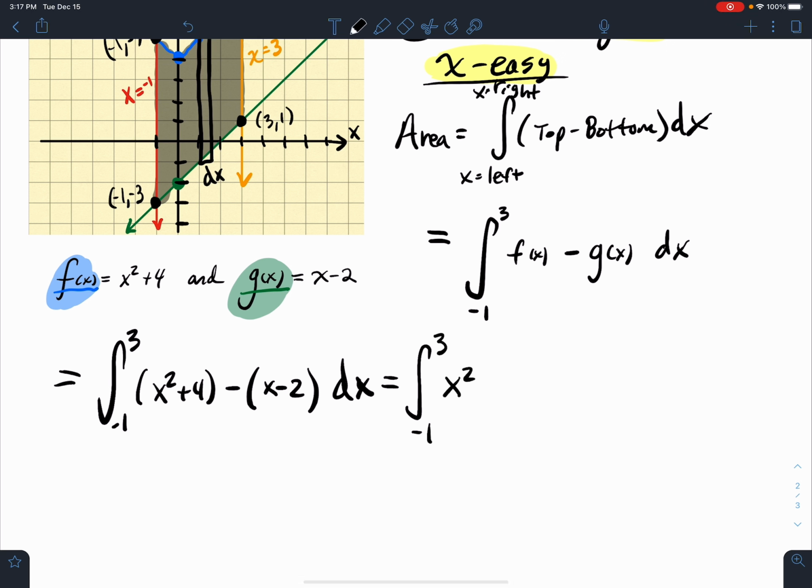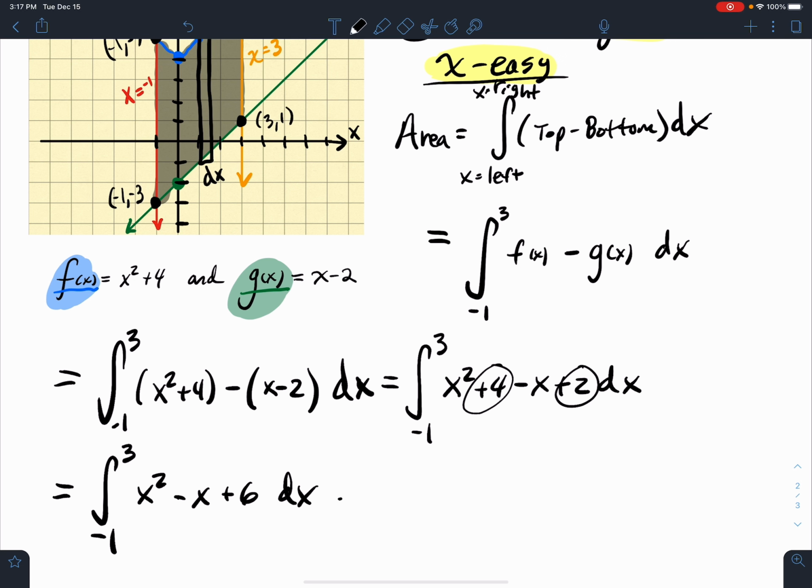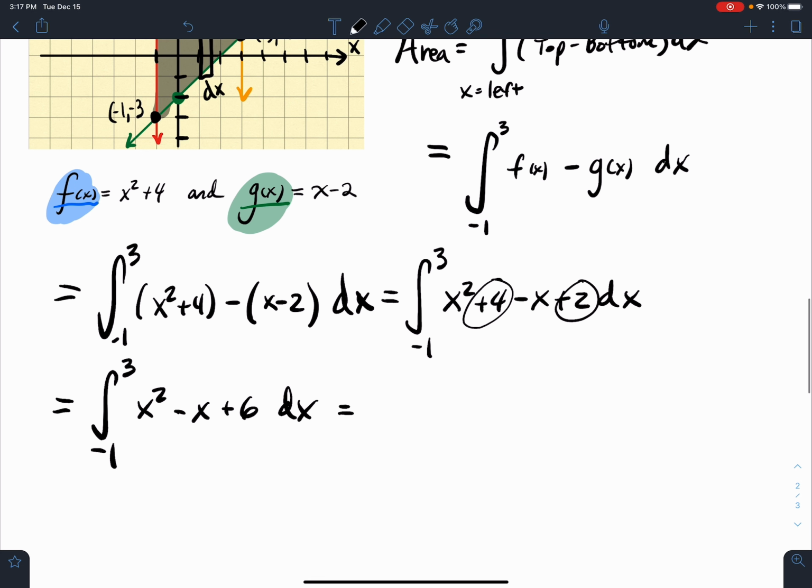So this reduces to x squared plus 4 minus x plus 2 dx. I can collect like terms to make my integral a little bit easier. If I integrate this from -1 to 3, x squared minus x, and then the 2 and the 4 combine to make plus 6. Now I'm going to find the antiderivative for x squared minus x plus 6.